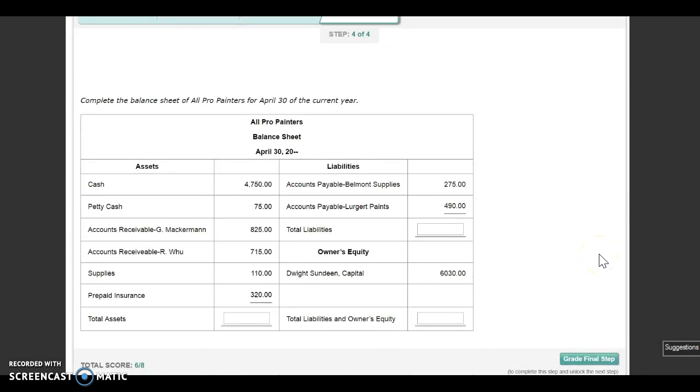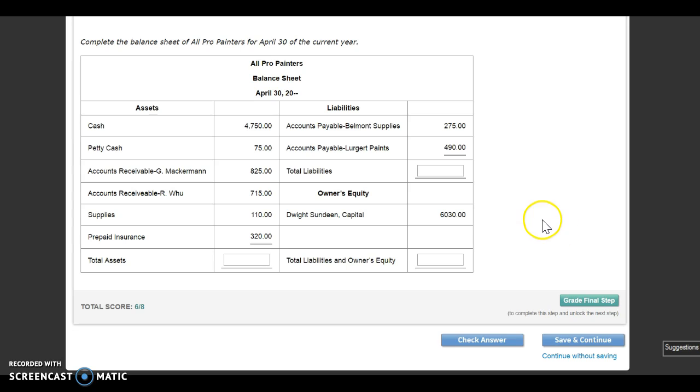Okay, now I need to make sure that my balance sheet is complete. So here I need to total up my liabilities. So 275 plus 490. I have total liabilities of 765. And then I need to add up my left and my right side.